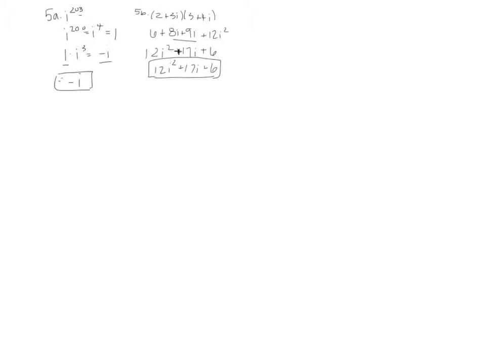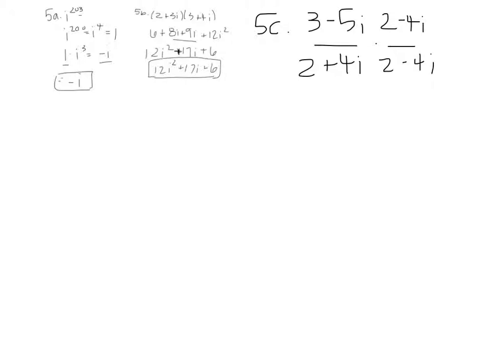Then 5c asks us to divide. So 5c wants us to start with 3 minus 5i, and we're going to put that over 2 plus 4i. Okay, and to get this to cancel out, we need to get the i's out of the bottom, and we have to multiply by the conjugate. So we're going to multiply by 2 minus 4i, which is basically 1.